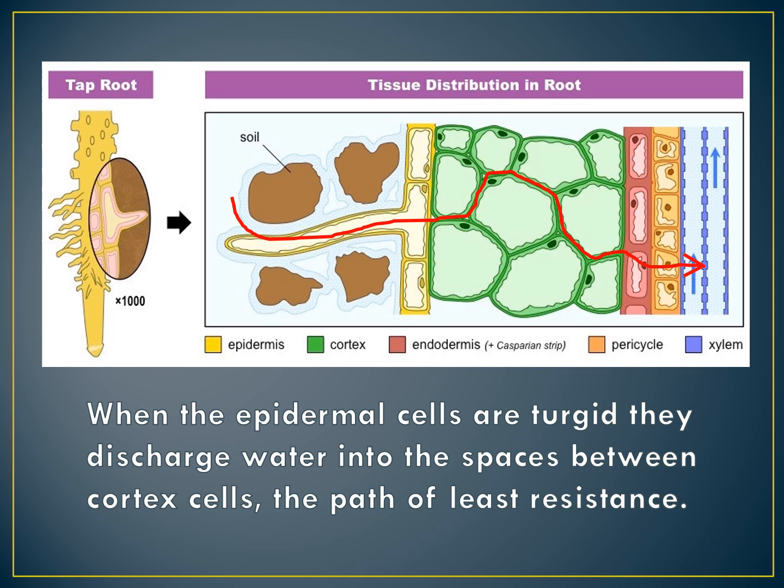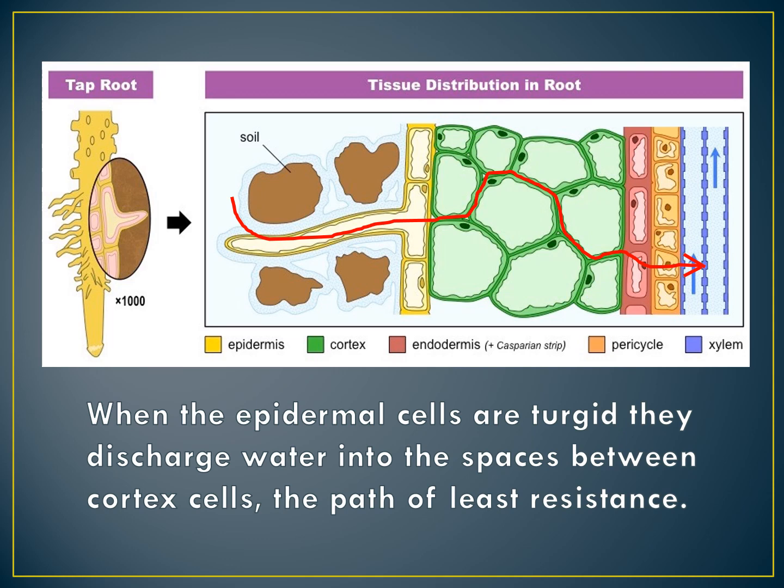When the root hairs or epidermal cells are turgid, they discharge water into the spaces between the cortex cells. If you remember your cross-sectional view of a dicot root, on the outside you have the epidermis, and some of those epidermal cells are modified into root hairs.